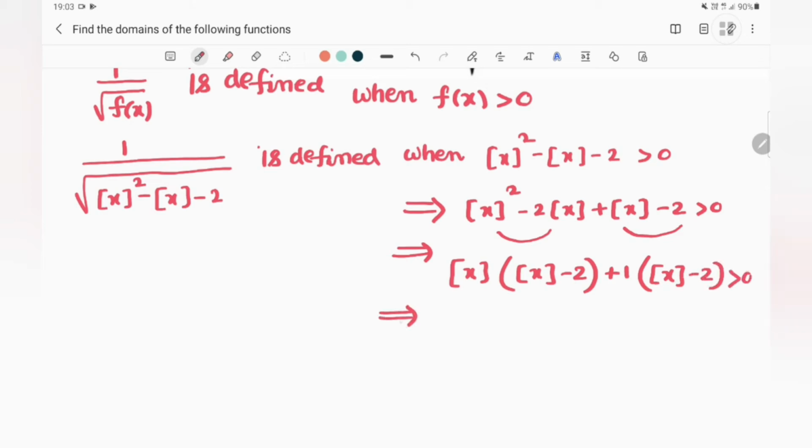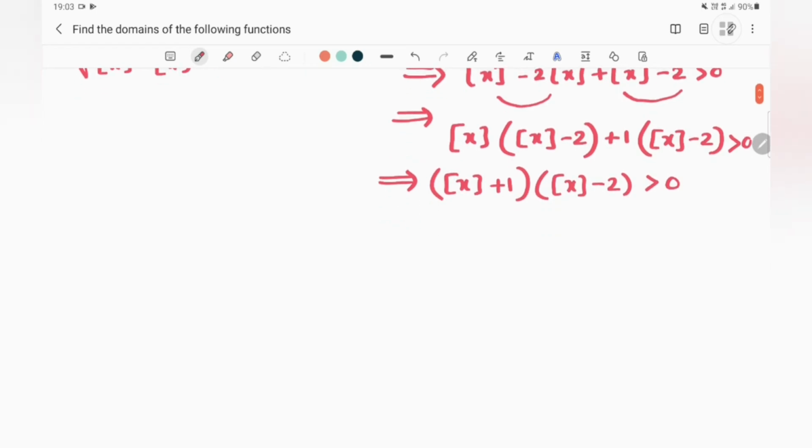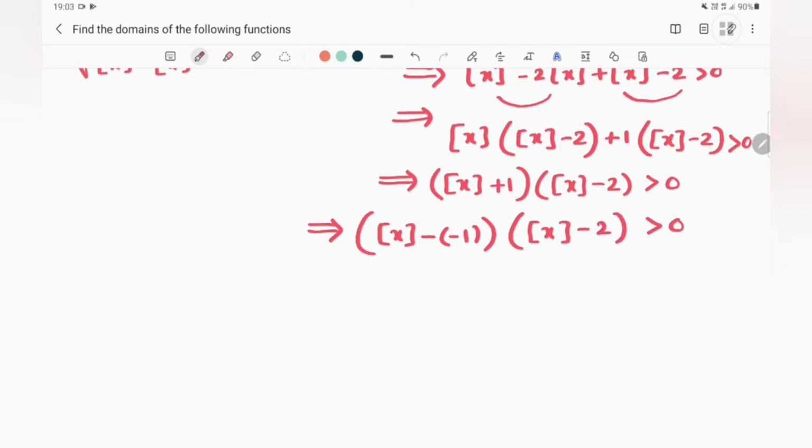That implies that [x] plus 1 into [x] minus 2 is greater than 0. [x] plus 1 can be written as [x] minus of minus 1, into [x] minus 2 is greater than 0.